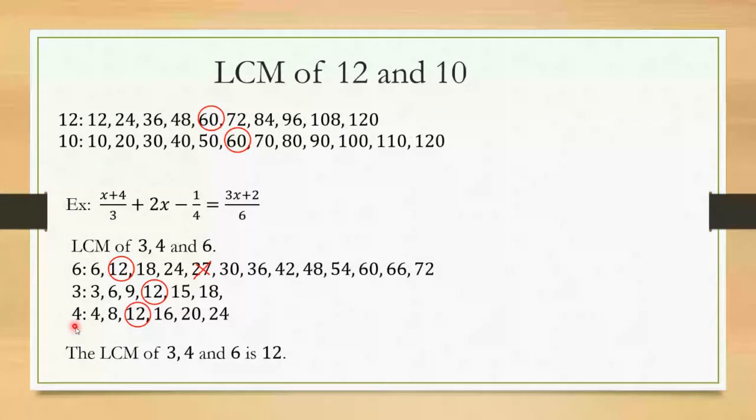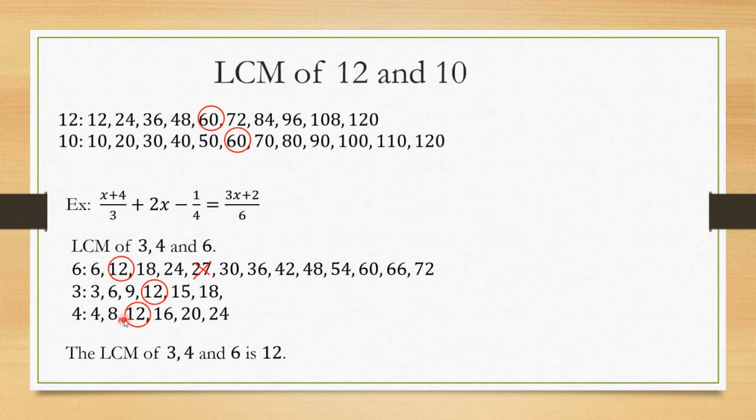But don't forget about 4. We have 4, 8, 12. So 6 is not a multiple of 4, but 12 is. You can see that 12 is the least common multiple of 3, 6, and 4. It's the first number in all 3 lists.